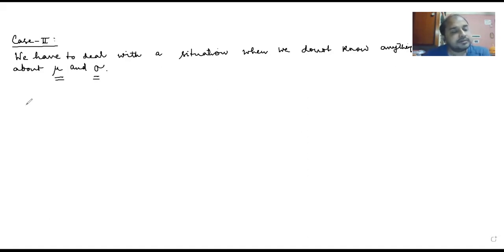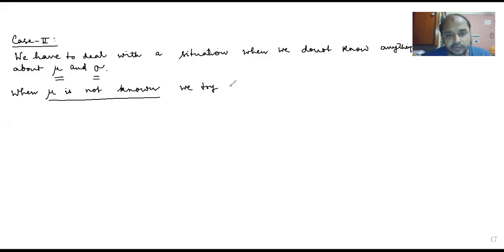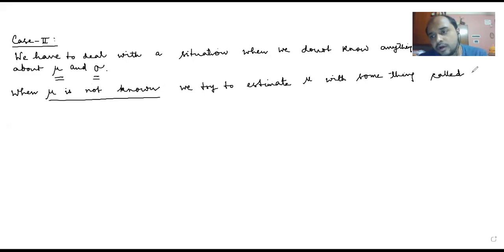What we do actually is that when mu is not known, we try to estimate mu with something called the grand mean.